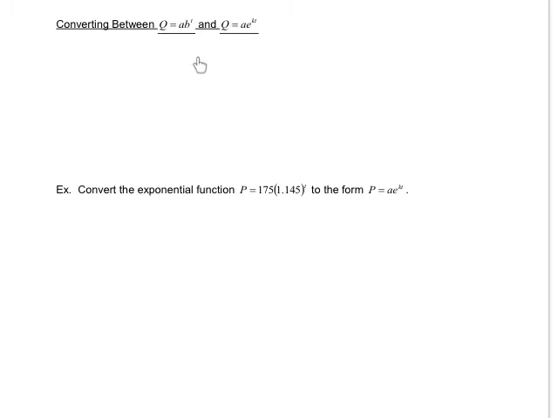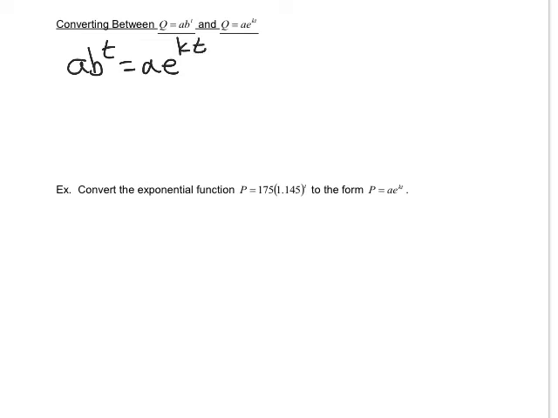So now we can take an annual growth factor and convert it to a continuous rate. And we can go from continuous to annual. So what you have to look at here, I have something in an annual form and in a continuous form. The A's are the same, and the time is the same. So really, if I want to set them equal to each other, my annual rate is equivalent to my continuous rate.